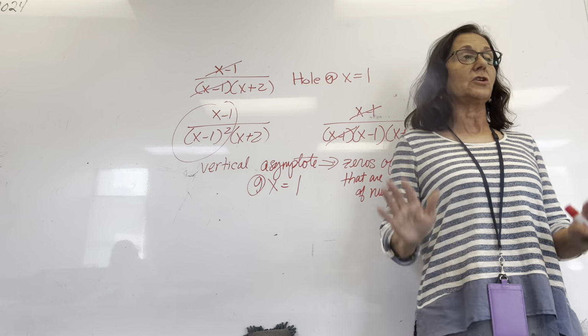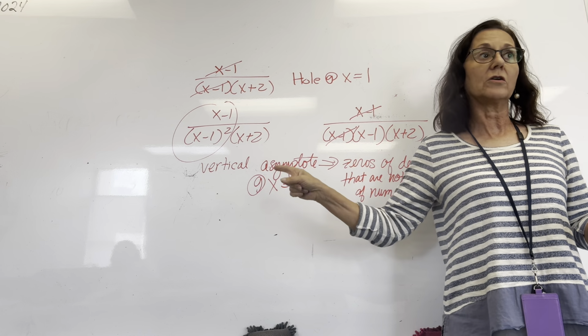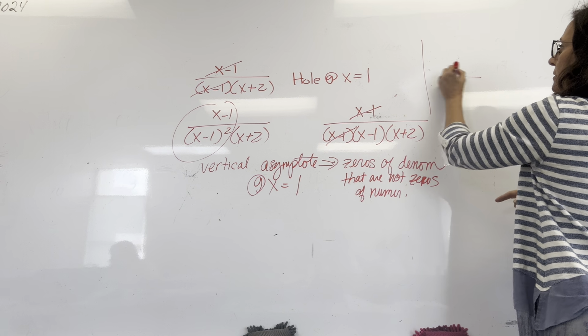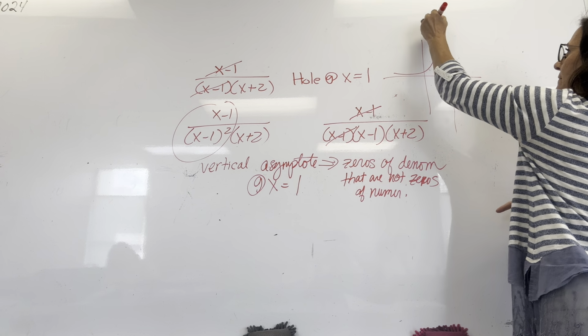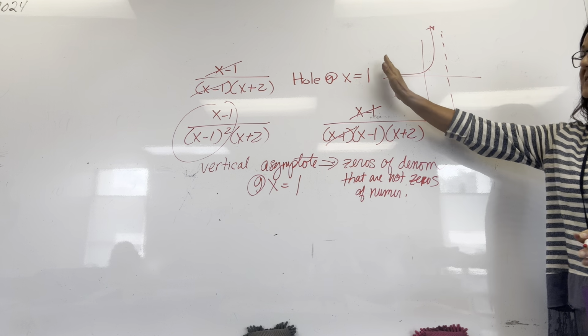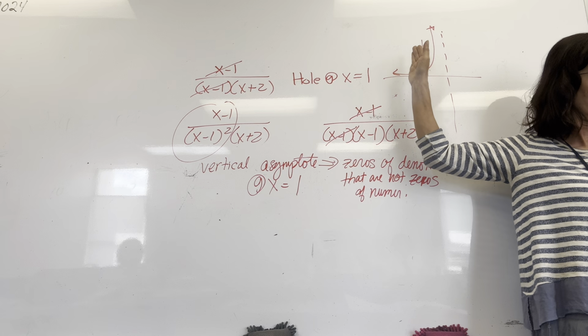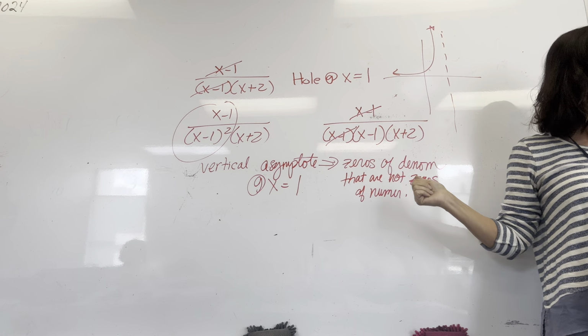Horizontal asymptote. So a vertical asymptote is never crossed. As the graph approaches that vertical asymptote, it either goes to positive or negative infinity.